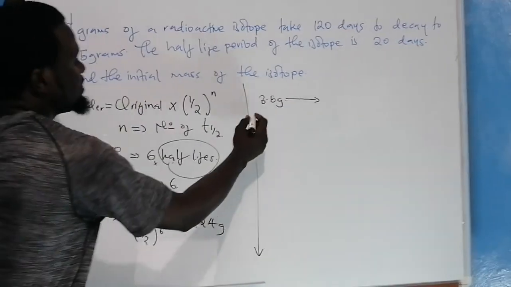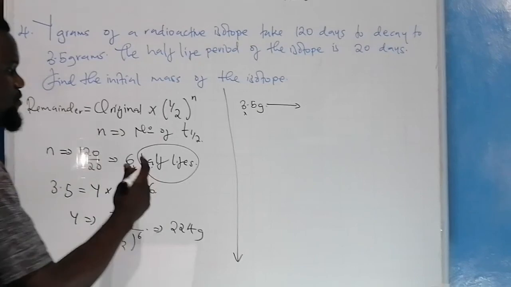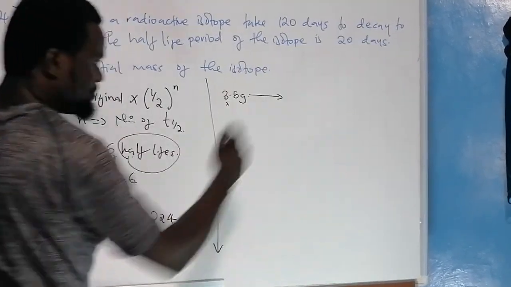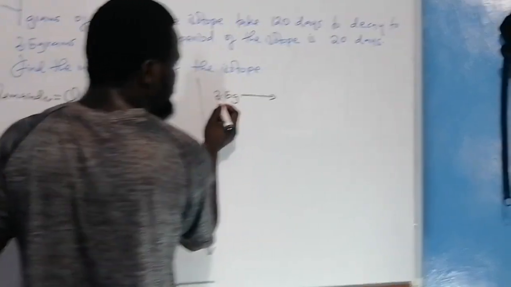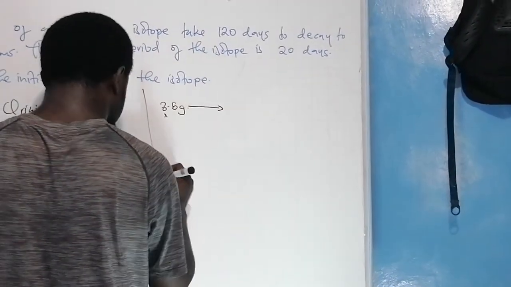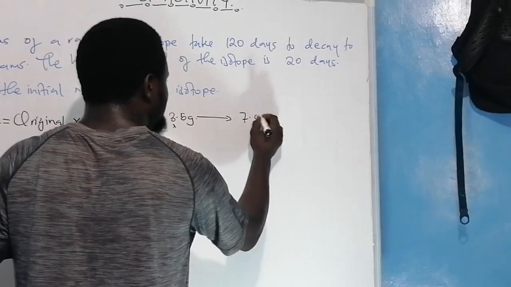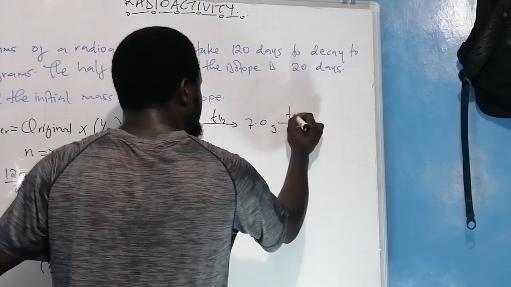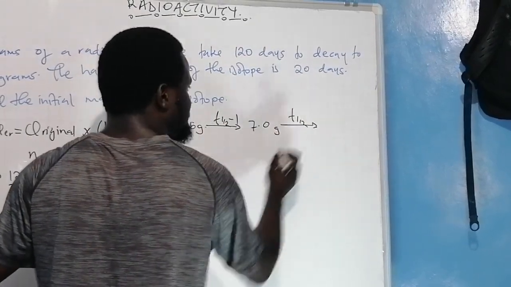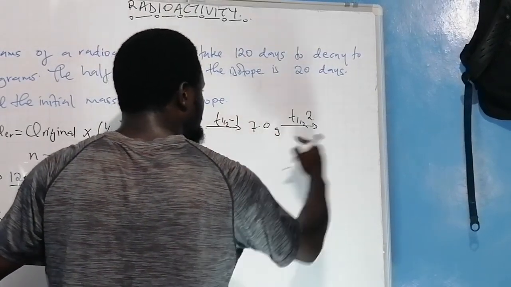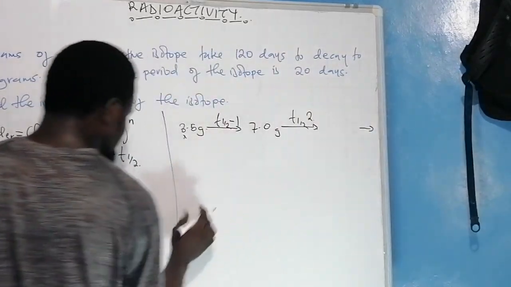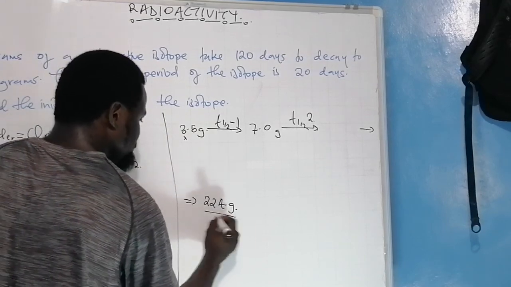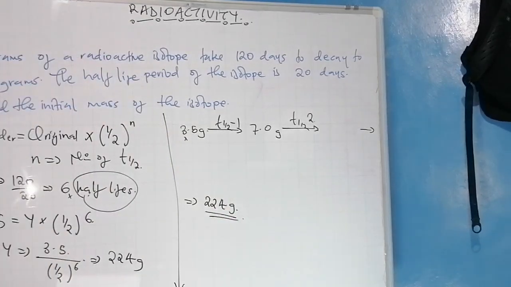So if this is the remaining amount, for me to find the original amount, I will go 6 times. If this one is 3.5, multiplying it by 2 gives 7.0 grams. So this is the first half-life, this is the second half-life, and if we go up to 6 times, the answer should be 224 grams.